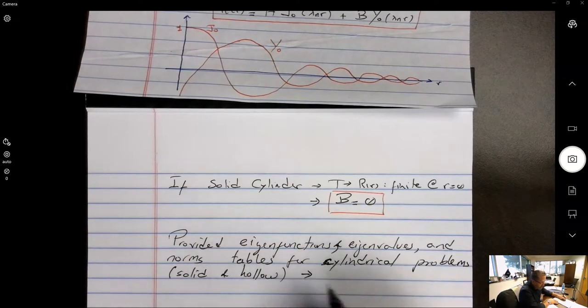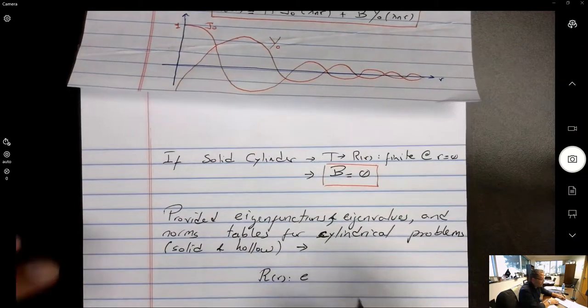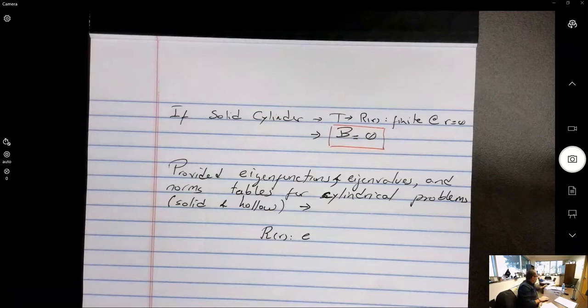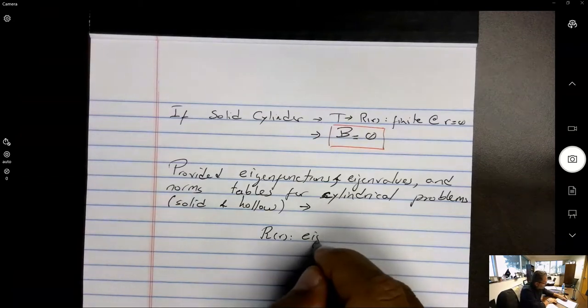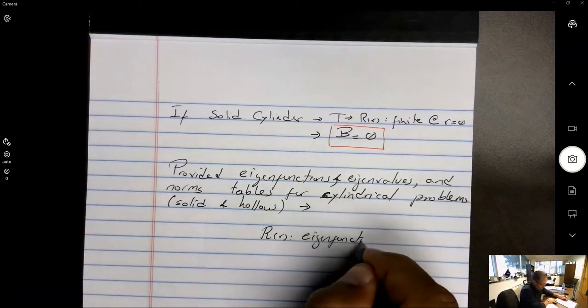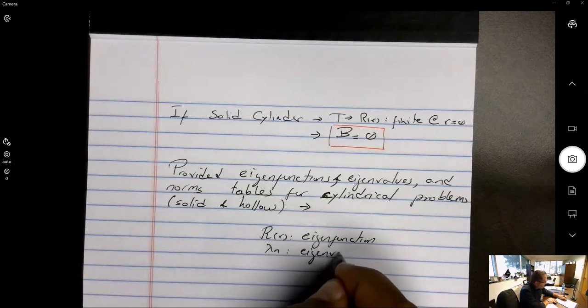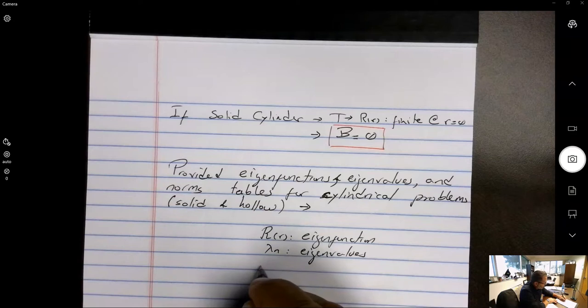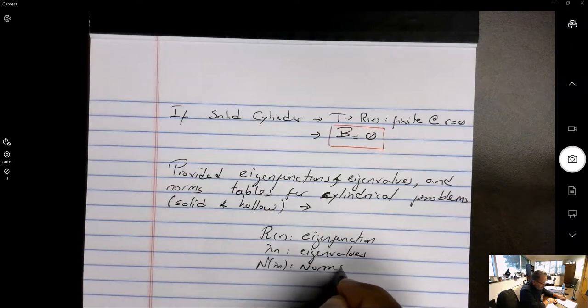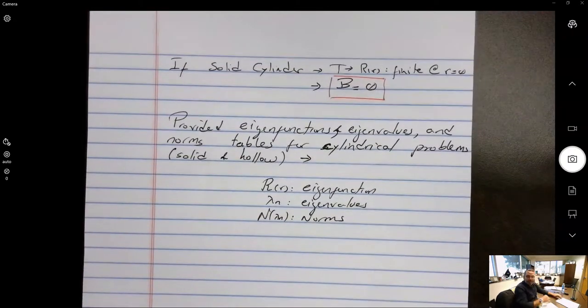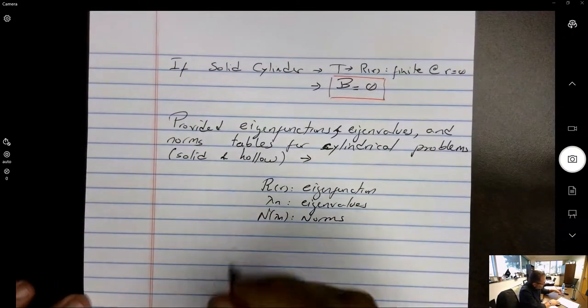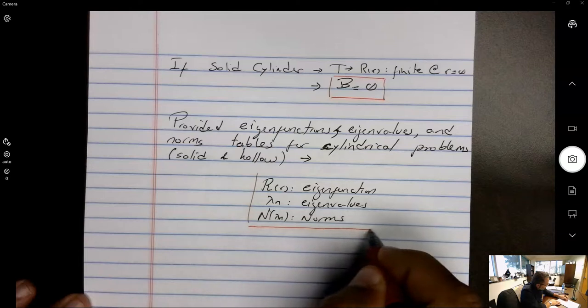And this will dictate the eigenfunction, the eigenvalues, and the norms, depending on the boundary conditions.